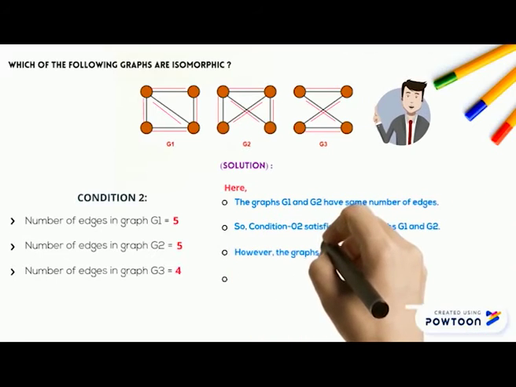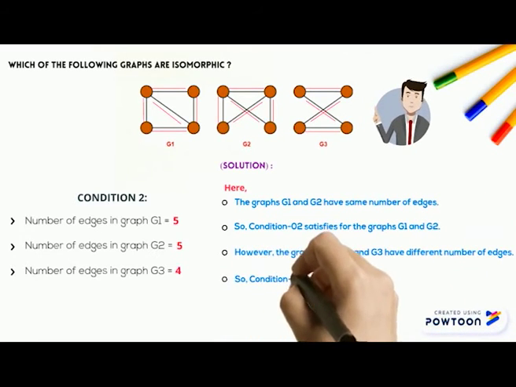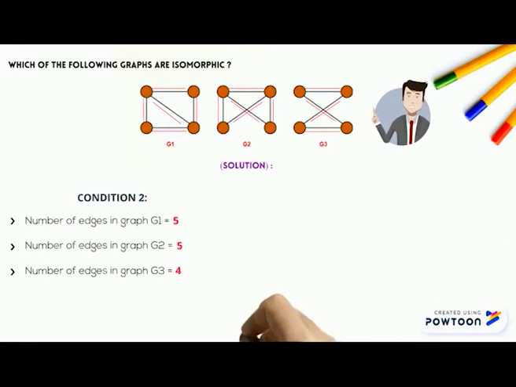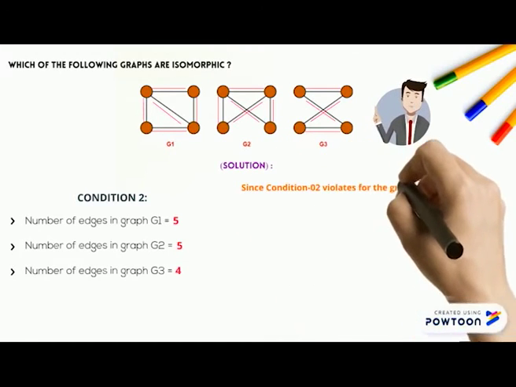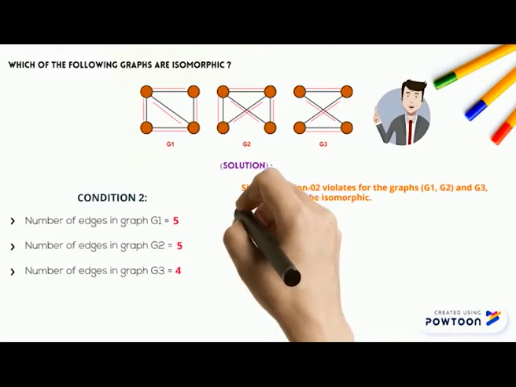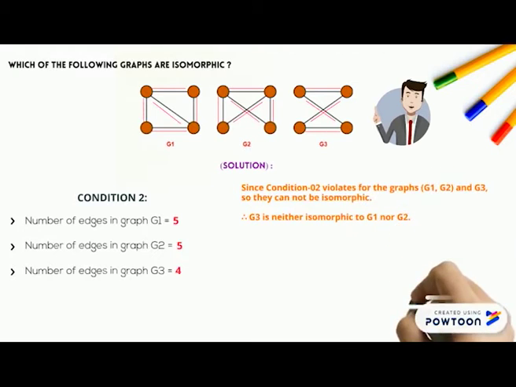However, the graph G3 has a different number of edges. So condition 2 is not satisfied for G3, so they cannot be isomorphic. G3 is neither isomorphic to G1 nor G2.